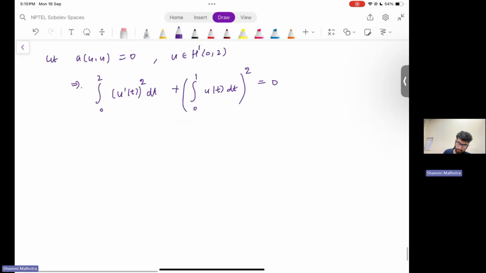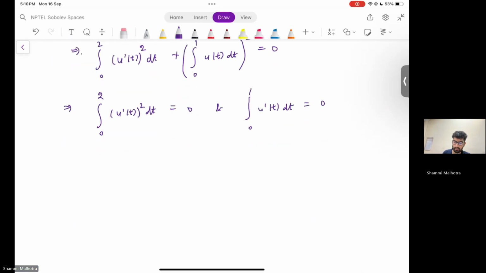When that is the case, it will imply the whole integration 0 to 2 of u dash t whole square dt is 0, since both are non-negative terms. So we have this integral of 0 to 1 of u t equal to 0.